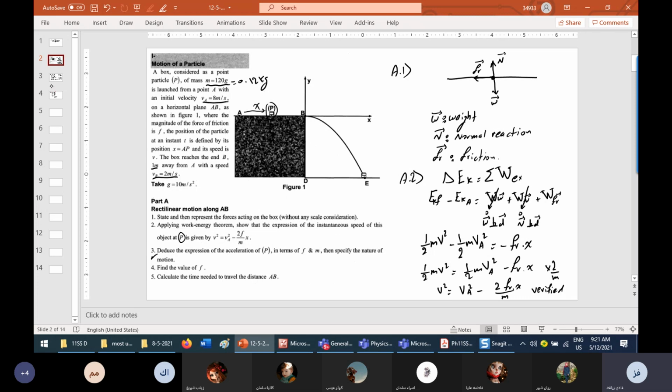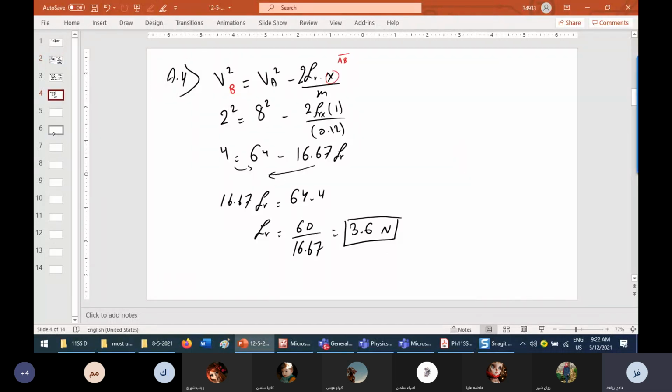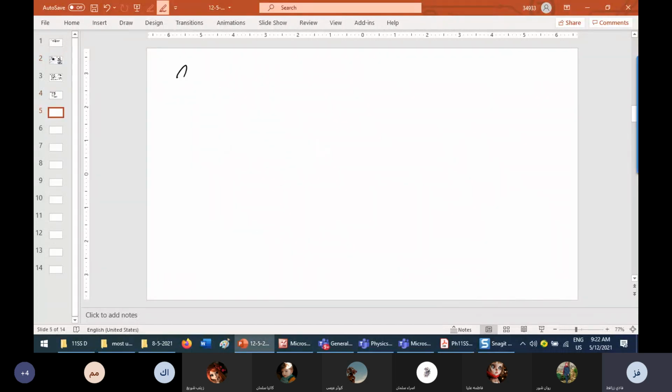He said calculate the time needed to travel between A and B. I have to go to the equations of motion. Since the motion is uniform, decelerated, rectilinear motion, what are the equations of motion?